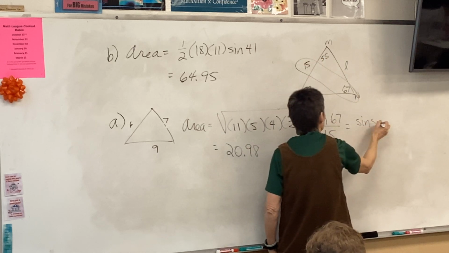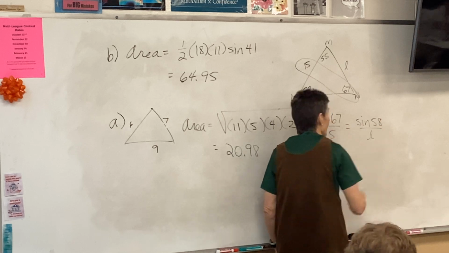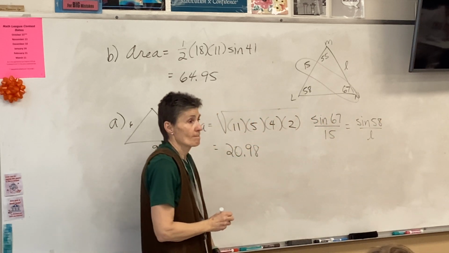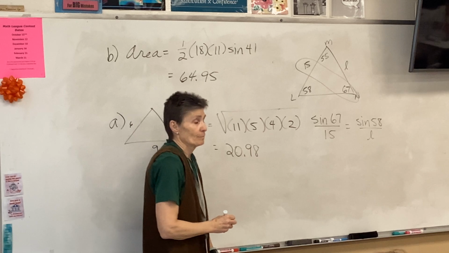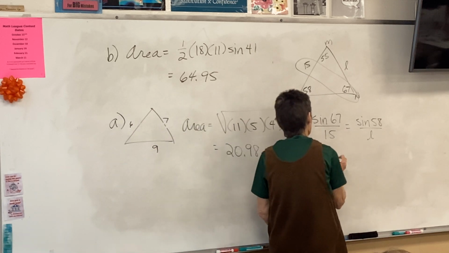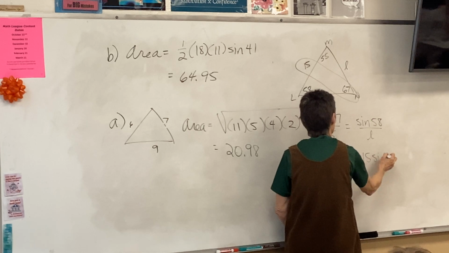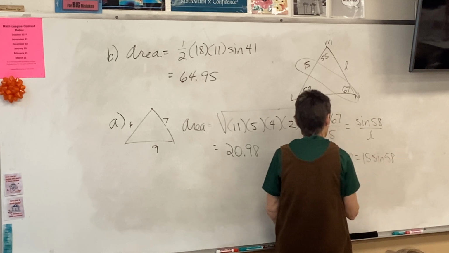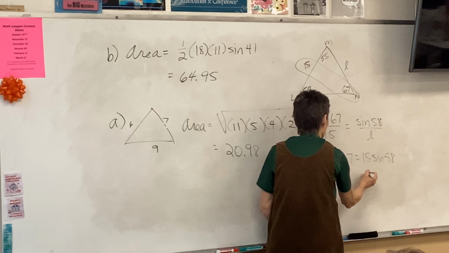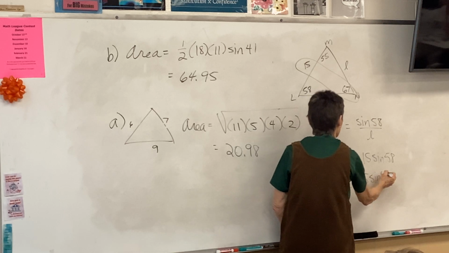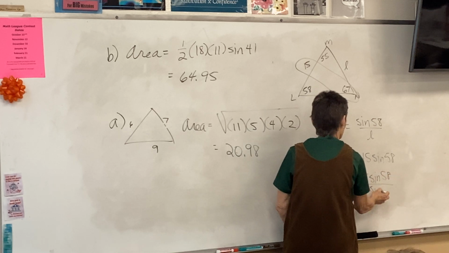Equals sine 58 over L. So, L sine 67 equals 15 sine 58. So L, cross multiplying and dividing.